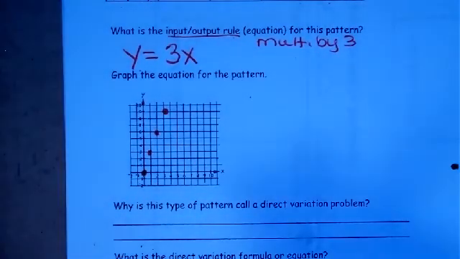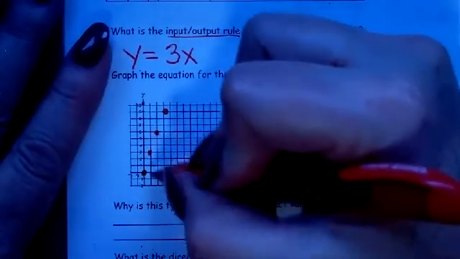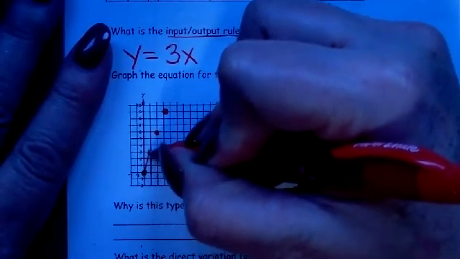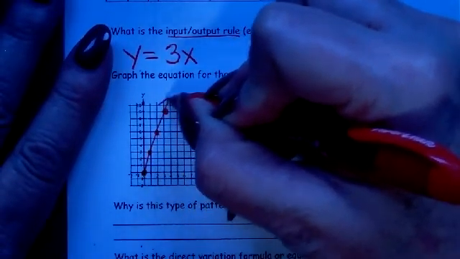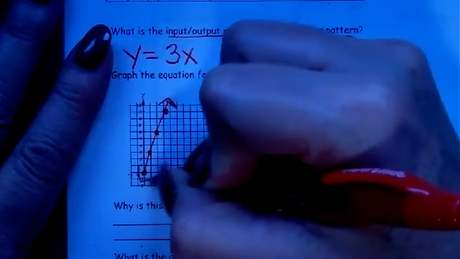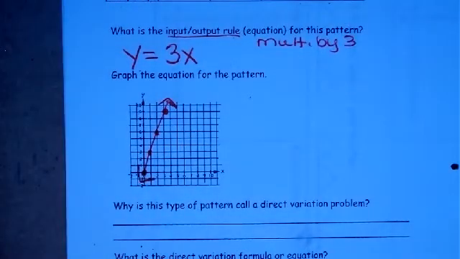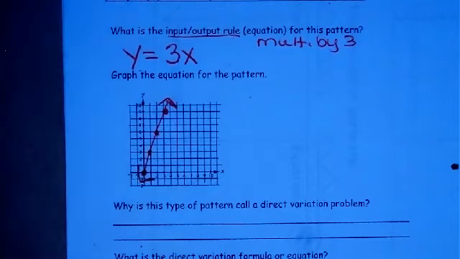I'm going to connect them and put an arrow on either end, because it is a line and it's going to go straight in either direction towards negative infinity and positive infinity. Okay, so we just took that table of values and translated it into an equation. We translated it into its graph.